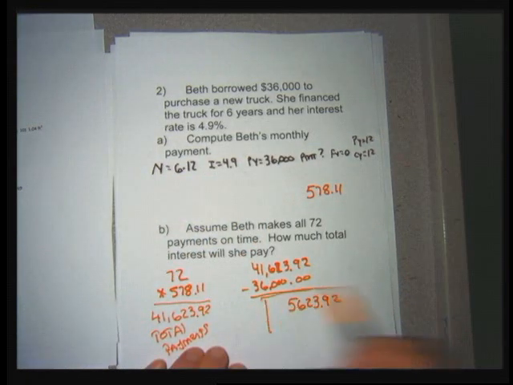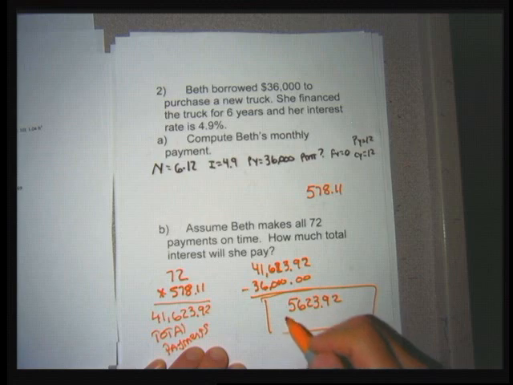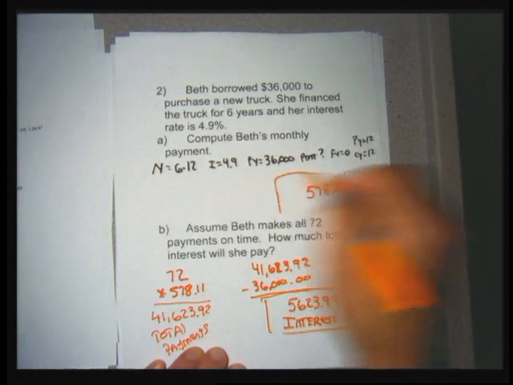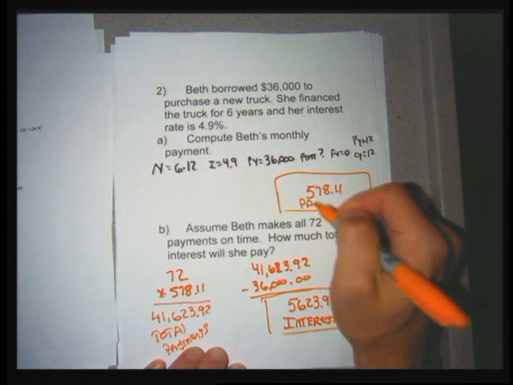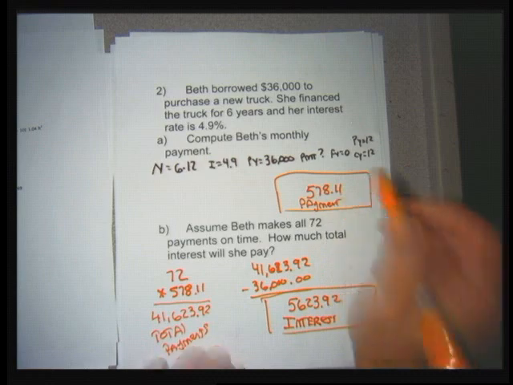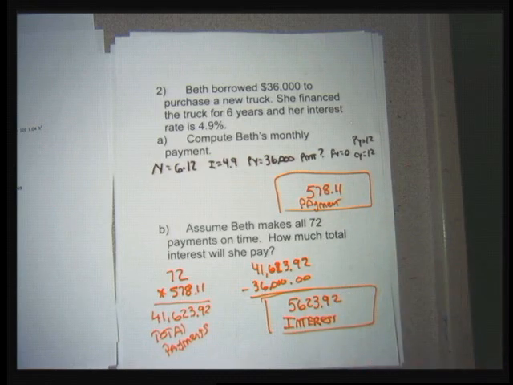So the answer to part B is the total interest that she pays is this $5,623. And for part A, her payment is $578 a month for 6 years.